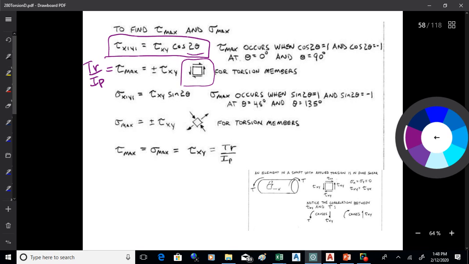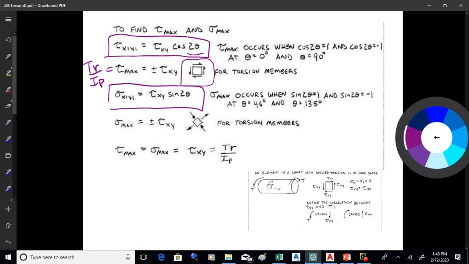Now, for the normal stresses, though, that's not the case, because the normal stresses in the x and y directions are 0. So to find the maximum normal stresses, we take this equation and we want to maximize it. So sine 2 theta would maximize when the angle 2 theta is either 90 or 270.